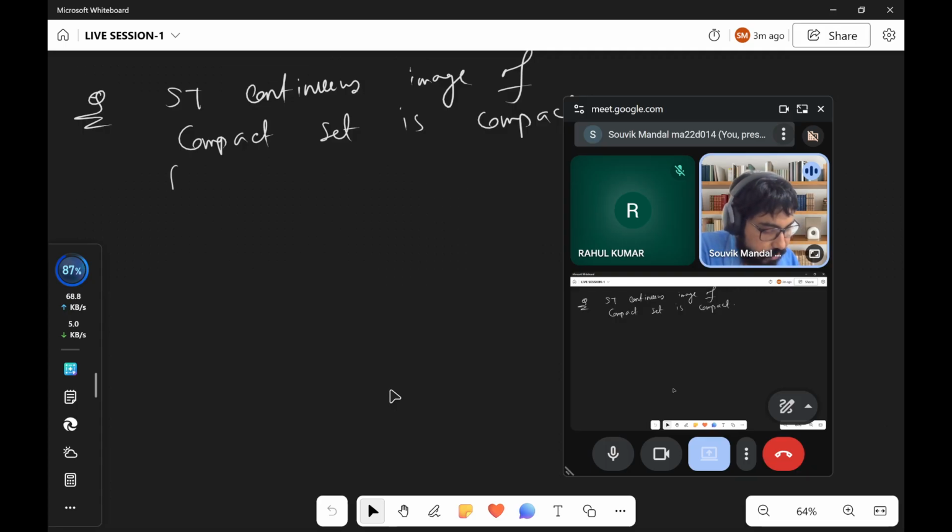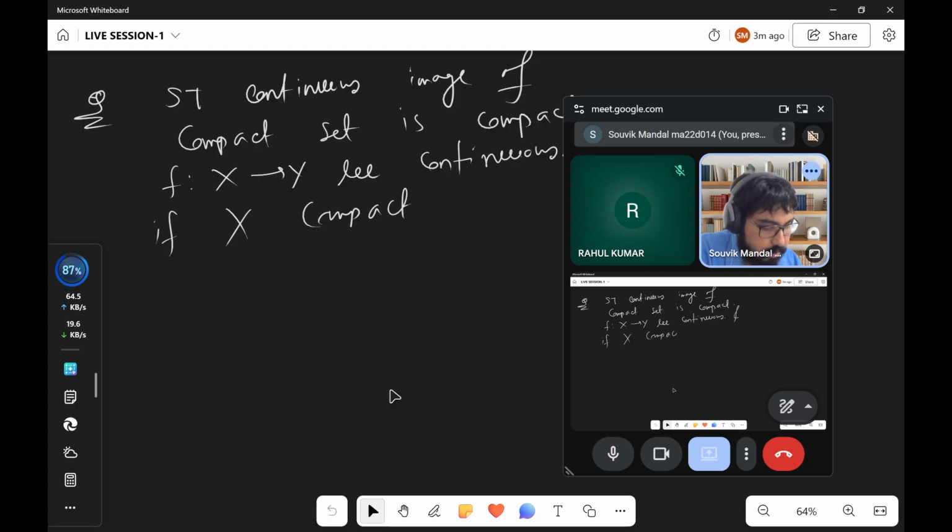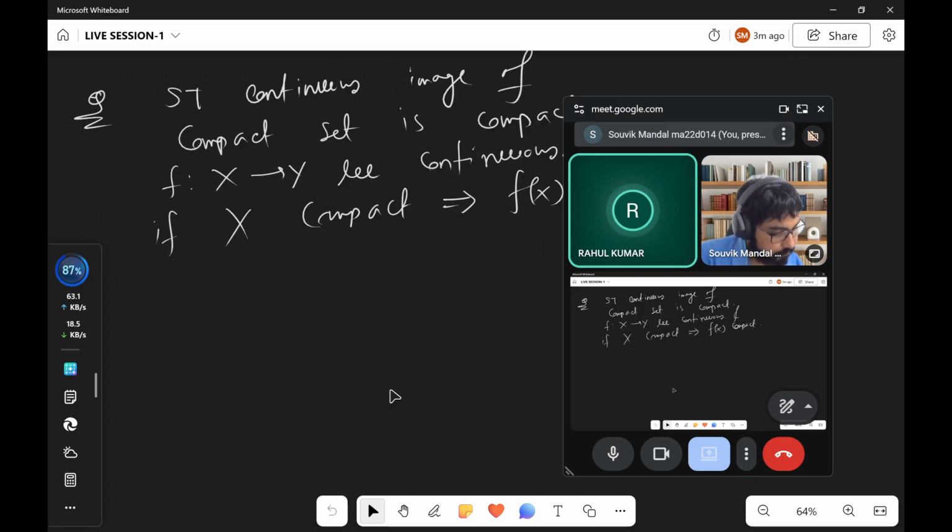That means, let f from X to Y be continuous, and if X is compact, then f of X is compact. Okay, so please try to do it. Is the question clear to you? Yes, sir. So I have to show the range of f is compact. Yes, correct.